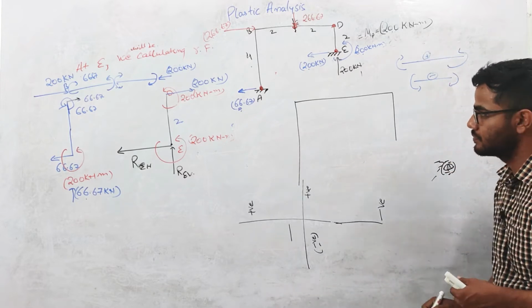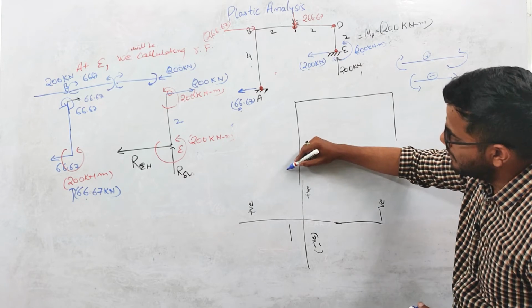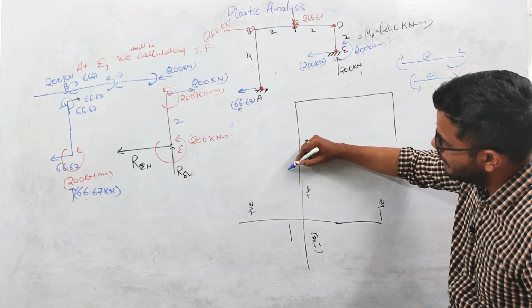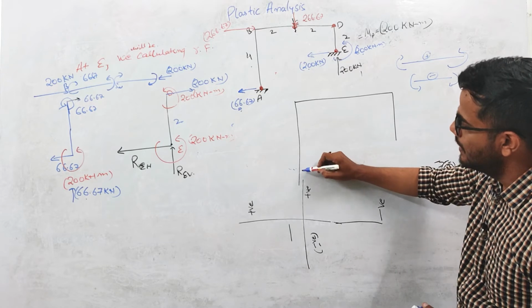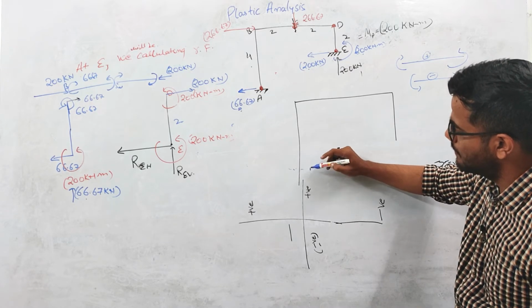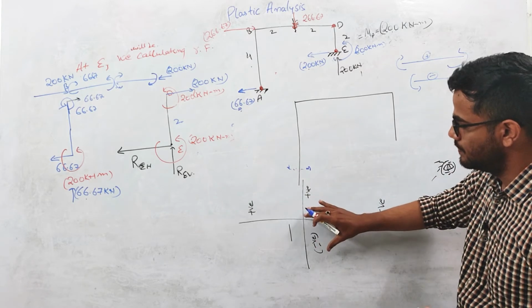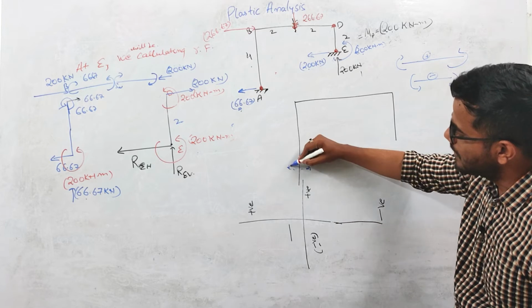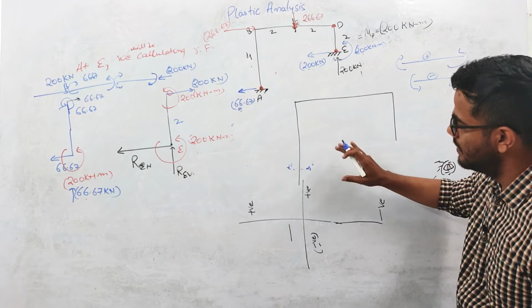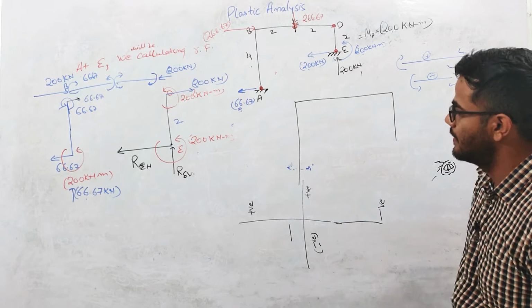Okay, so what I'm assuming is that above this x, any point in this direction will be considered positive, and below this or at this point, suppose if there are 2 points A and B, according to this sign convention, this point will be considered positive and this point will be considered negative, right?